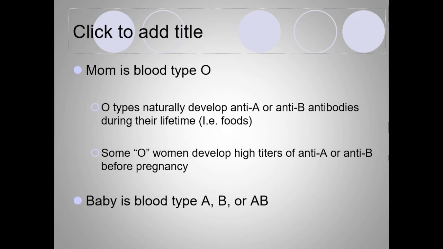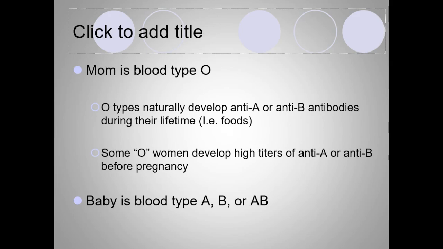Some women that are O develop high titers of anti-A and anti-B titers before pregnancy, and so whenever she gets pregnant with a baby who is A, B, or AB, these anti-A or anti-B can cross the placenta and cause fetal hemolytic issues.